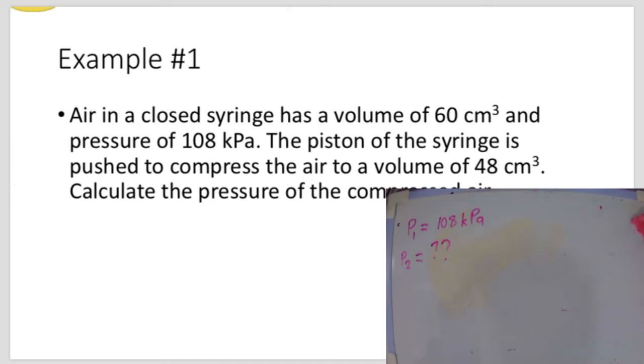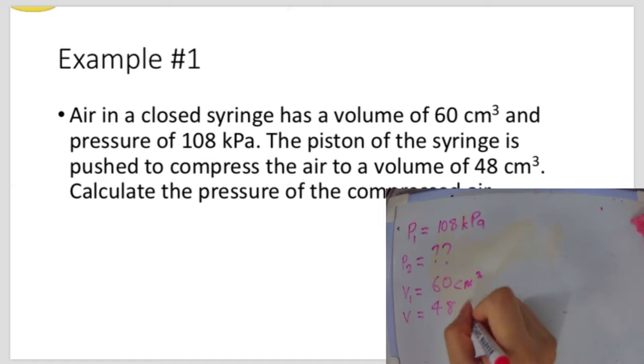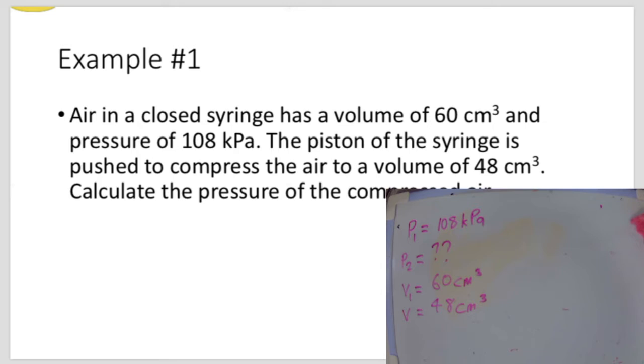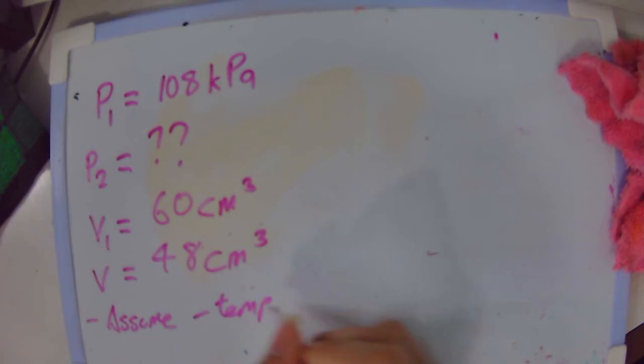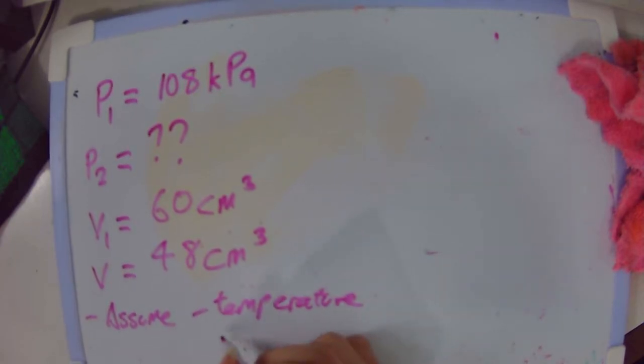And that is what the question is asking for. Volume in the beginning, V1, equals 60 cubic centimeters. And volume at the end is 48 cubic centimeters. All right. Now we have to assume, it's not stated in the question, but to help us solve the question, let's just assume that the temperature is the same.